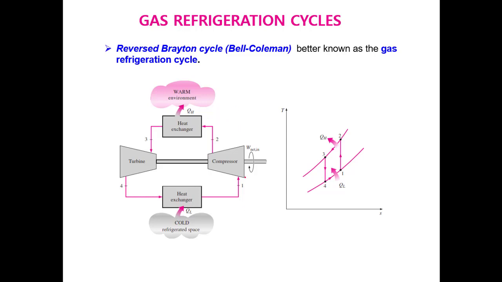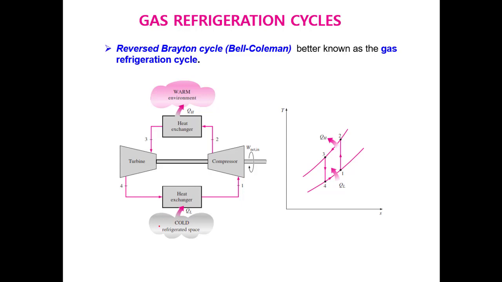So what happens in that case, as shown in the previous diagram, the first process is the compression in the main compressor, then the heat rejection. That heat rejection takes place by using two airs. One was the ram air, and the other air was the air which is bled from the main compressor. Then the expansion in the cooling turbine, and then that cold air is sent into the cabin where the heat is absorbed.